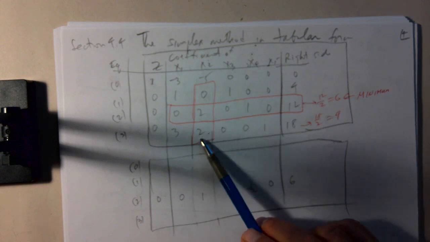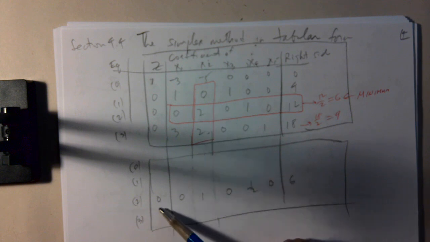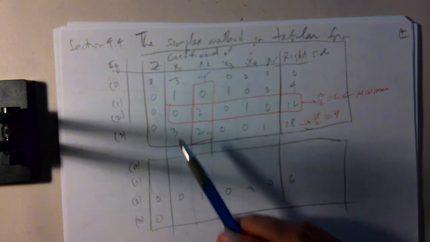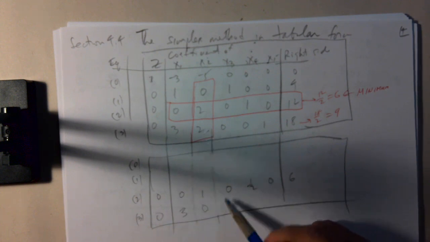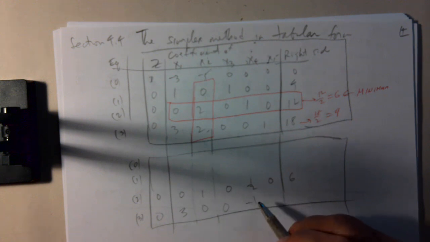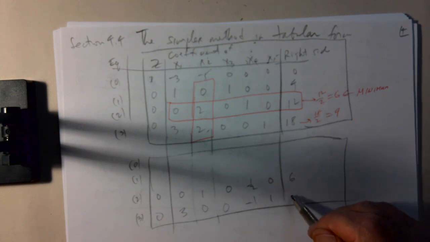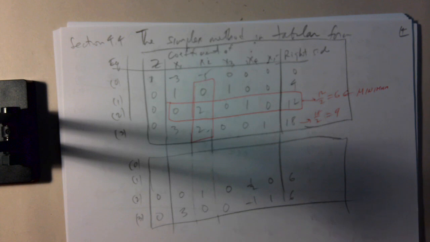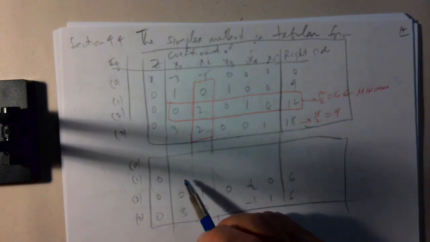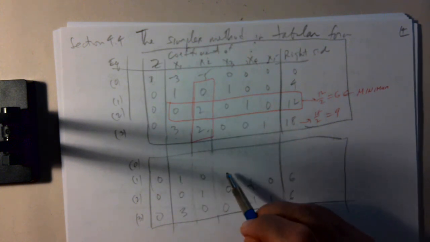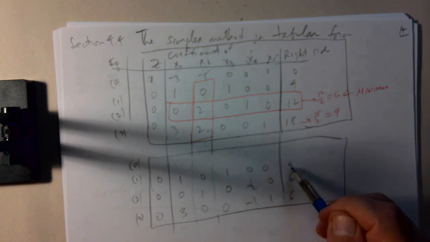I could just take this row minus that row. 0 minus 0 is 0. 3 minus 0 is 3. 2 minus 2 is 0. 0 minus 0, 0 minus 1, 1 minus 0, 18 minus 12. I already have a 0. 0, 1, 0, 1, 0, 0, 4.